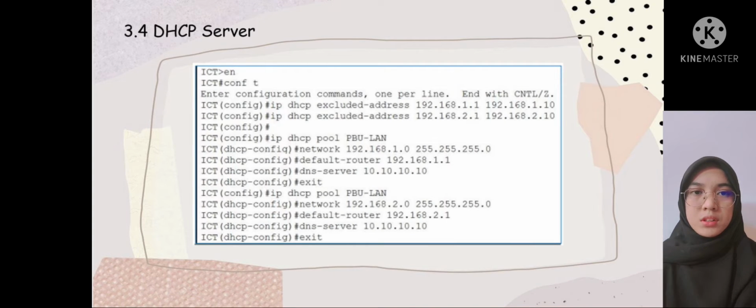3.4 is configuration for the DHCP server.